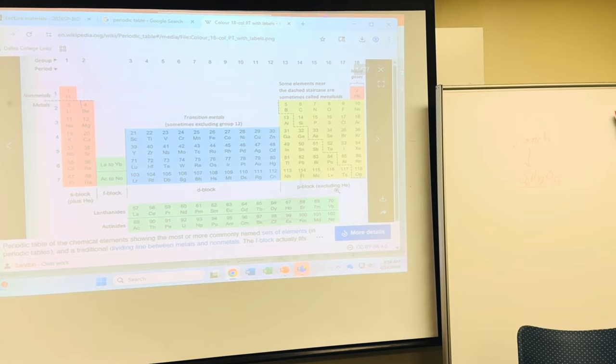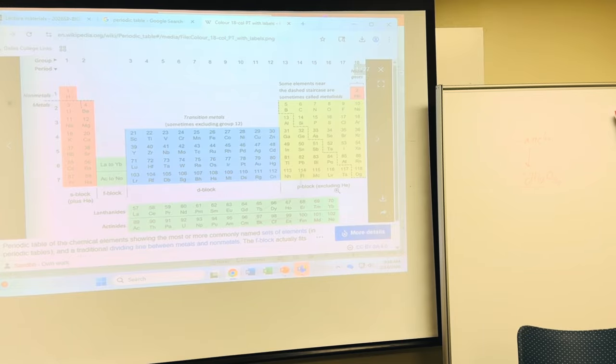Now, before I talk about these 118 elements, let me talk about the definition of the elements. So when we say elements, what do we mean by that? Atom.